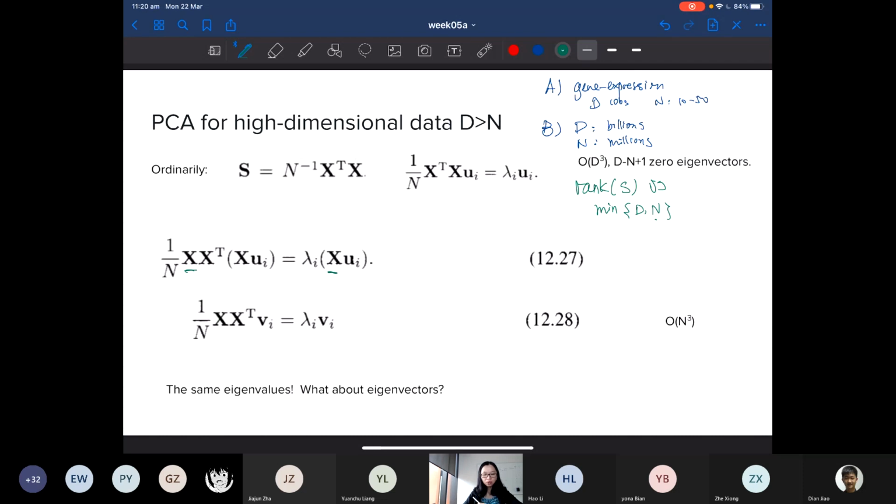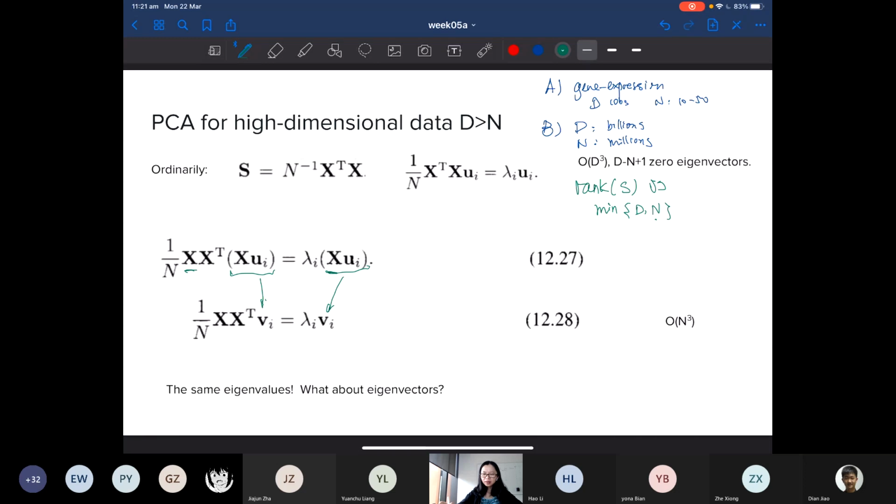And then what we do is we'll just rename X times Ui as a new vector Vi. Right, turns out they appear on both sides. We just did renaming. We did no real mathematical induction here.